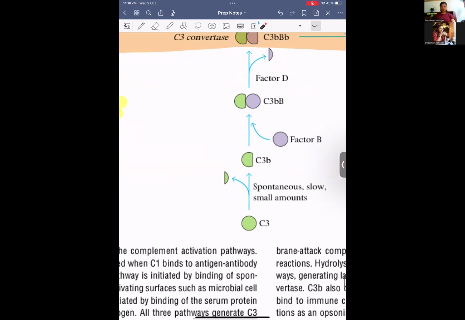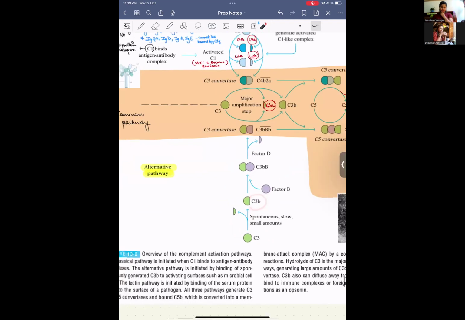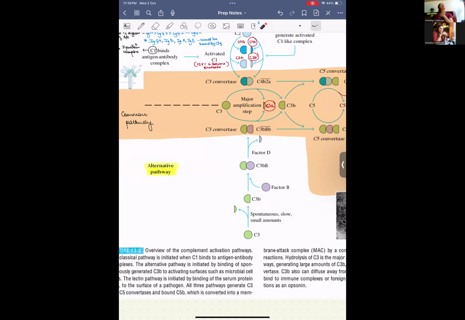The alternative pathway is triggered by slow but spontaneous conversion of C3. The C3 molecule has a tendency of spontaneously cleaving, but if this cleavage product is joined by a foreign substance, this C3b... imagine it like a small number of surveilling army population constantly forming, and if there is nothing to patrol, it is going to get cleaved back.